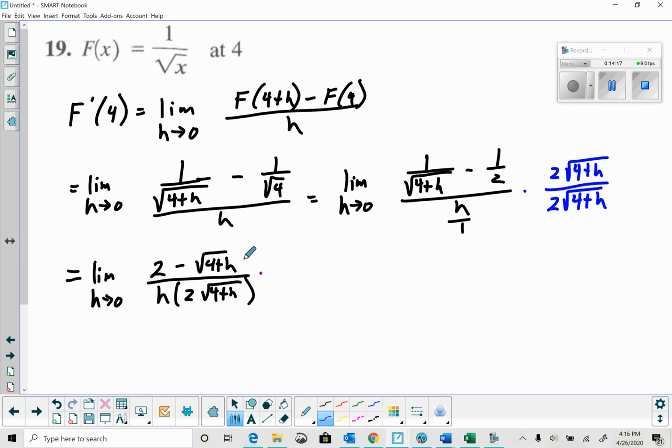So now to get rid of this, we want to get rid of the square roots because we know with this h in the denominator, we can't do the direct substitution at this point. So we'll multiply by 2 plus the square root of 4 plus h, both numerator and denominator.